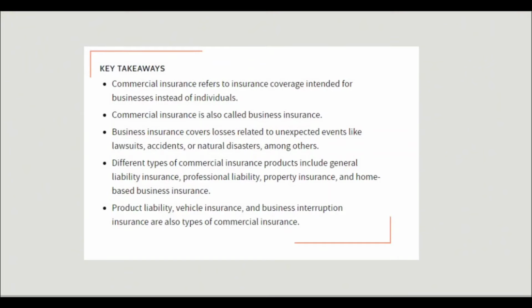Different types of commercial insurance products include general liability insurance, professional liability, property insurance, and home-based business insurance. Product liability, vehicle insurance, and business interruption insurance are also types of commercial insurance.